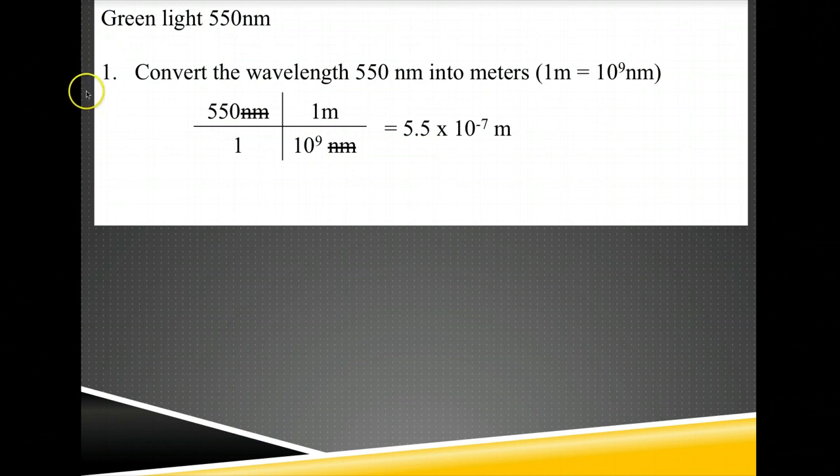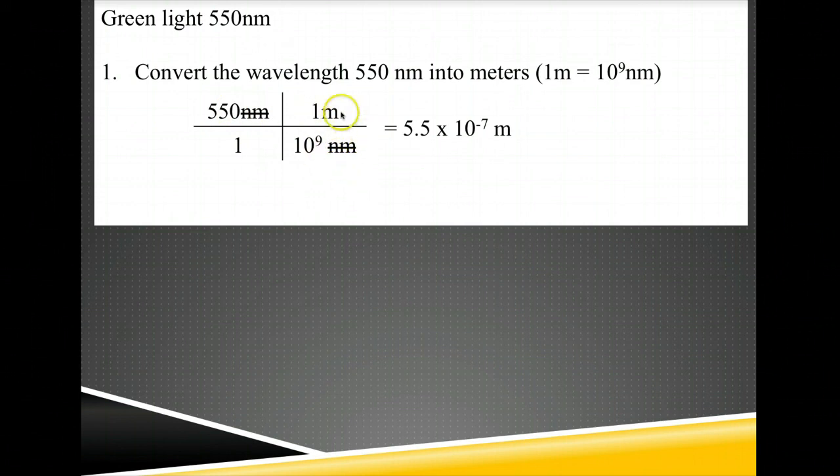So in step number 1, we're converting the wavelength of that 550 nanometer green light into meters, and here's our conversion factor. So we set it up like this. The 550 nanometers goes on top over 1. We want to get rid of nanometers, so we put it here on the bottom.